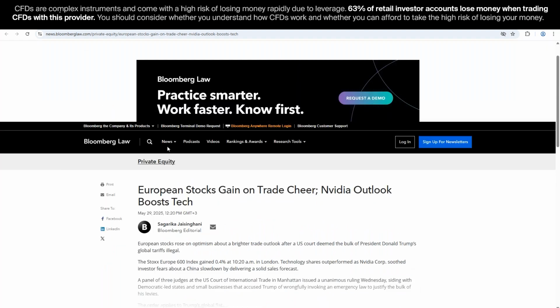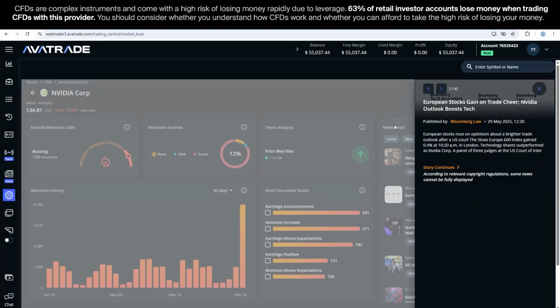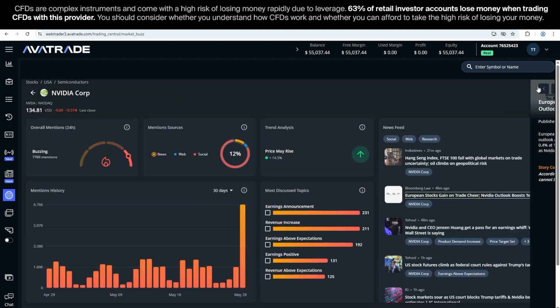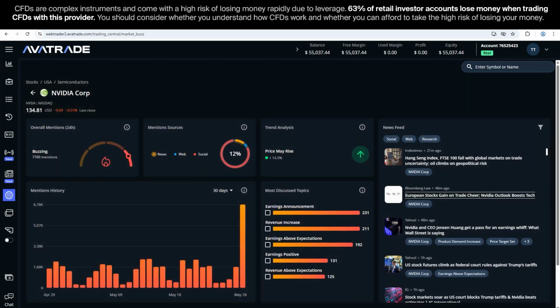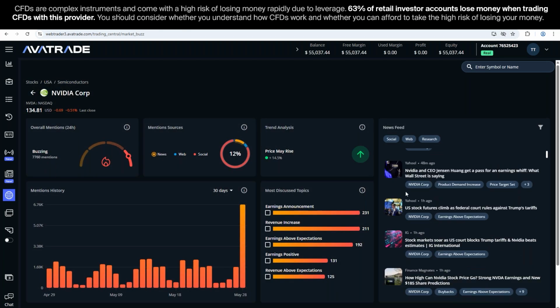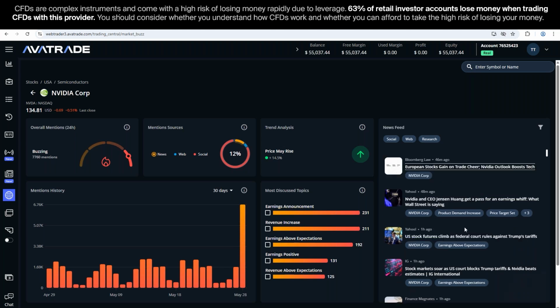And so you can see the entire article or snippets of the articles and the source that they came from by following these links. Here's another one. NVIDIA and CEO Jensen Huang get a pass for an earnings whiff, what Wall Street is saying. It's interesting that some have a take on NVIDIA's numbers when they come in better than expected, which they did.